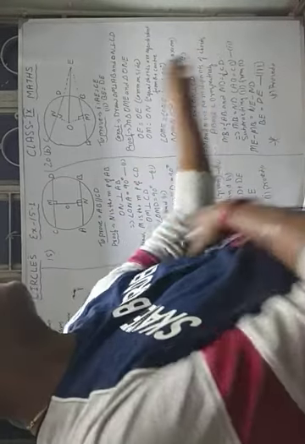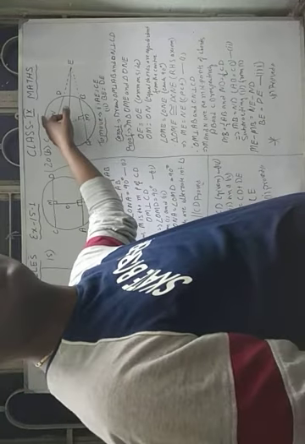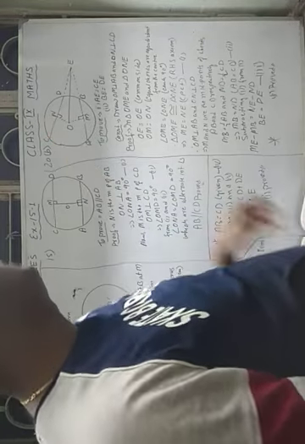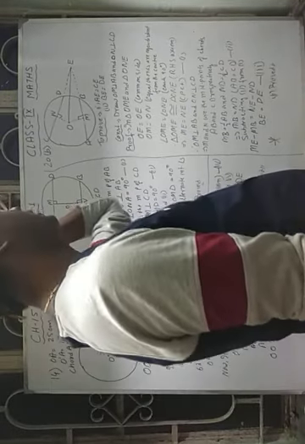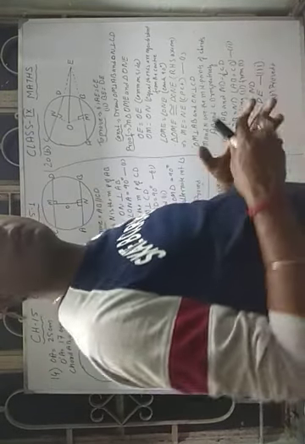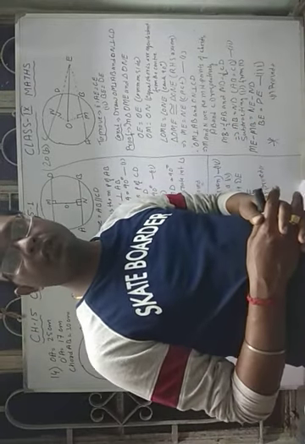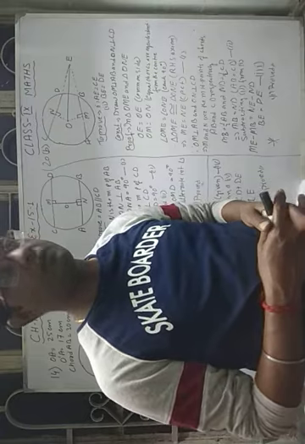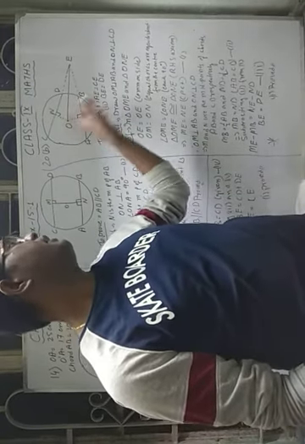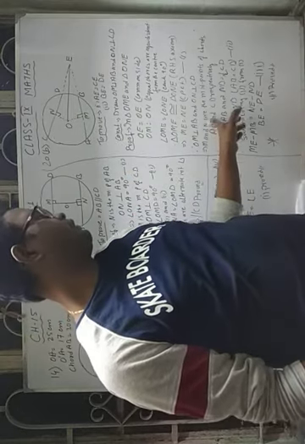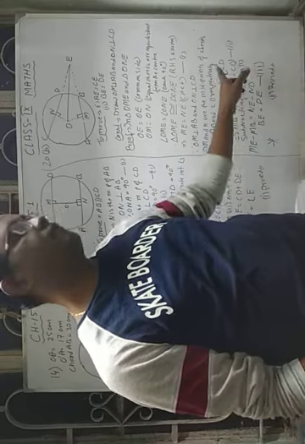Now, since by construction you have drawn OM perpendicular to AB and ON perpendicular to CD, we can say that a line drawn from the center of a circle perpendicular to the chord bisects the chord. So M and N are the midpoints of chords AB and CD respectively.